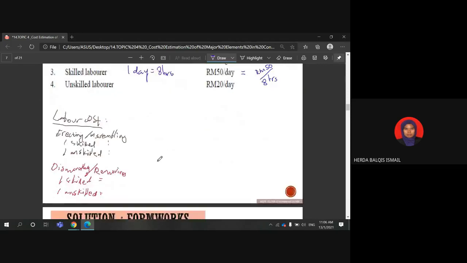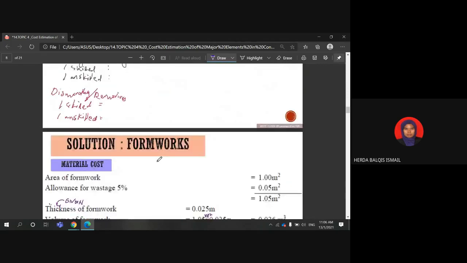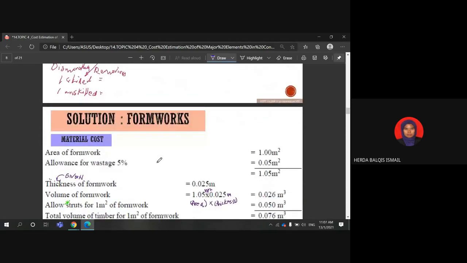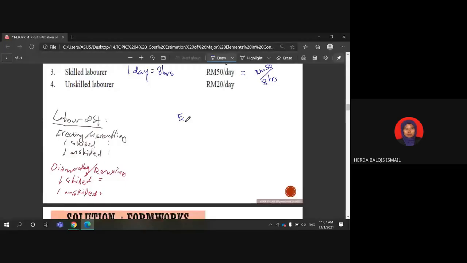So moving to the solution for this question, I just want to recap. If you want to do estimation, we need to remember that we need to consider these three elements: the first one is equipment cost, material cost, and also the labor cost.